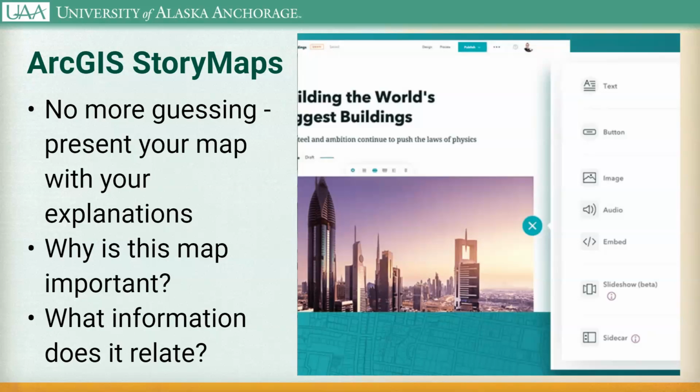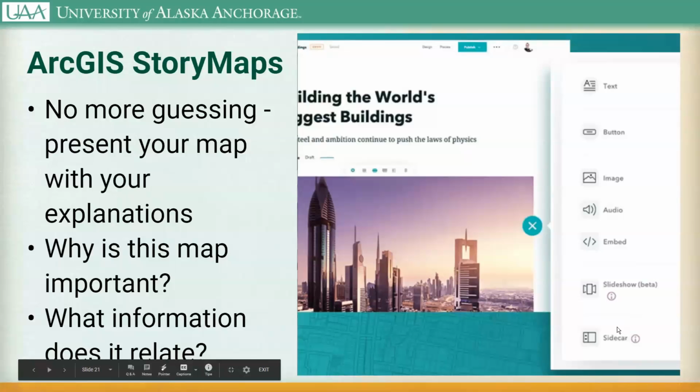I hope that the point of a story map is fairly straightforward and obvious, but if you have any questions, please do interrupt and ask, because I don't want this to be a point of confusion for people later. But essentially, it's just a tool to build what basically looks like a website to tell a story, and has all of these really simple tools for adding whatever you think you might need to your story.